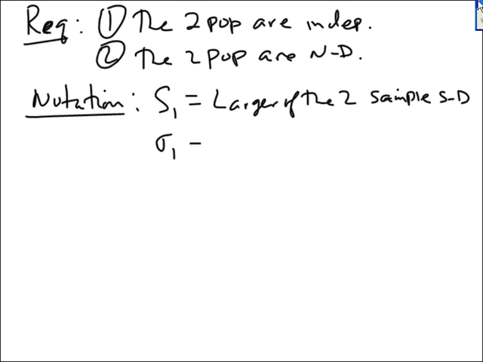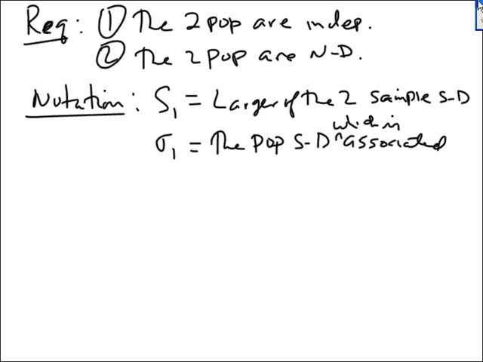So sigma 1 is the population standard deviation associated with the larger sample standard deviation.